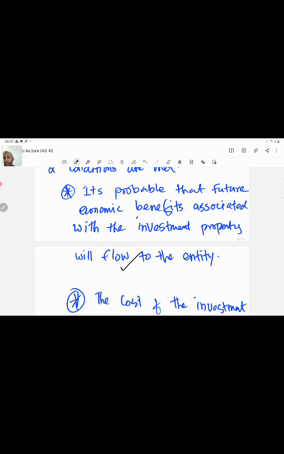Obviously, that is one major requirement. It is the same as in IAS 16 to recognize property, plant and equipment.